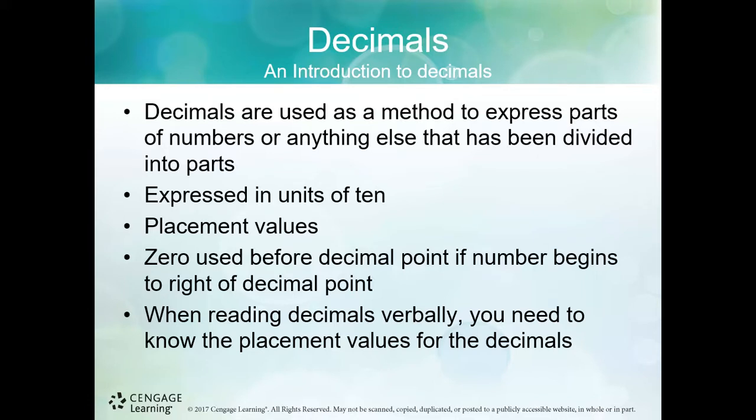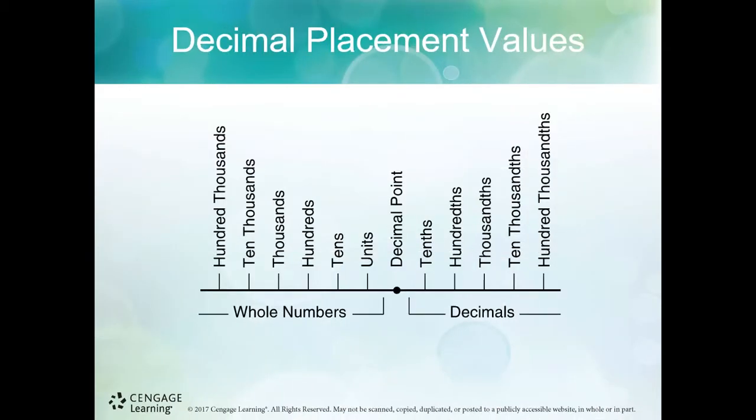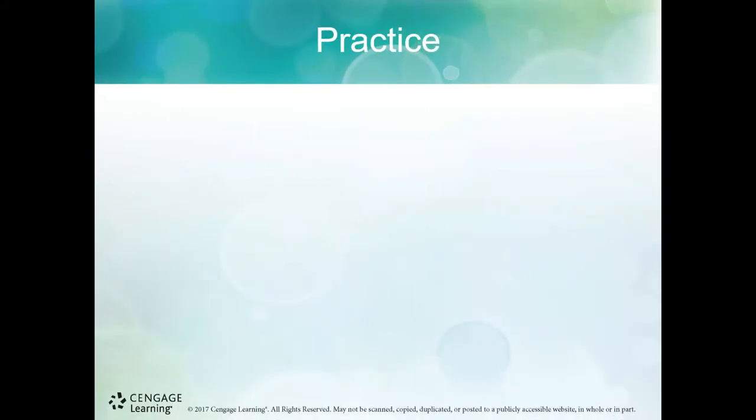And when reading decimals verbally, you also need to know the placement values for the decimals in order to read what the number is. So here are the placement values. This is an important chart maybe to study from for your tests. Okay, let's practice.